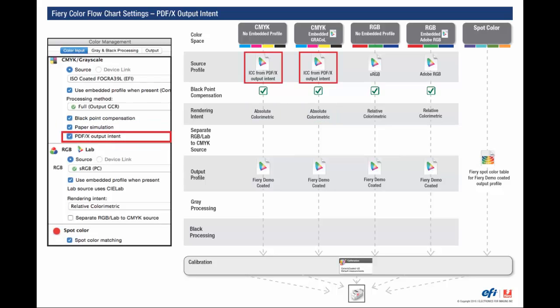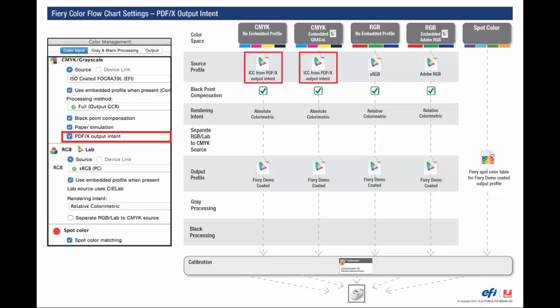The next control we have is the PDFX output intent. When I set PDFX output intent, we look in PDFX files to see if the output intent tag is present. If it is, this output intent can contain an ICC profile that is specified to make the PDFX file look consistent no matter where it is viewed or printed.